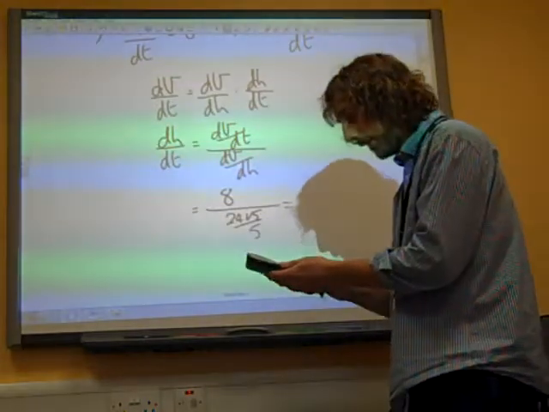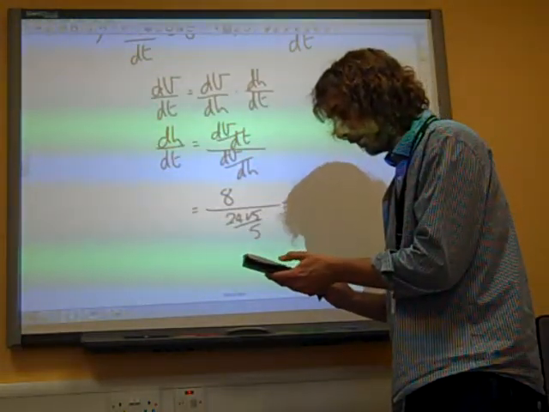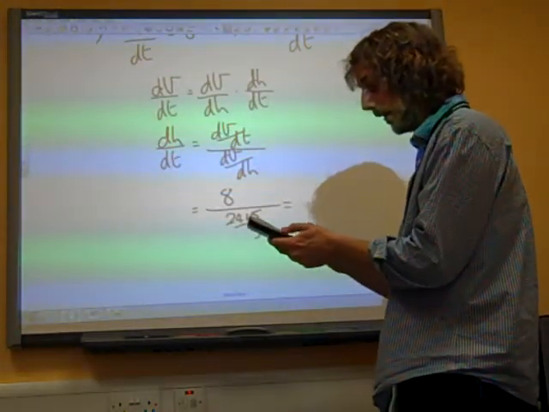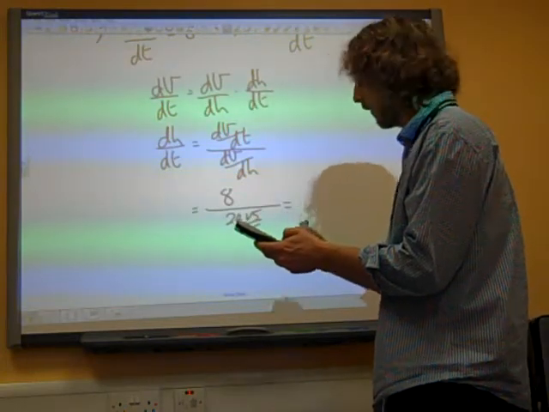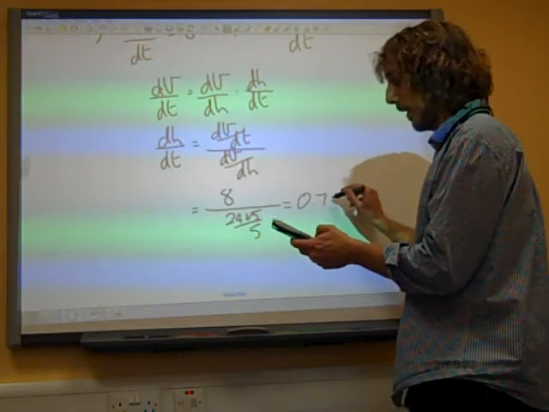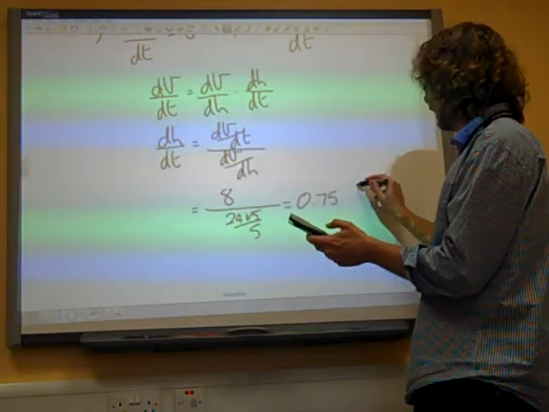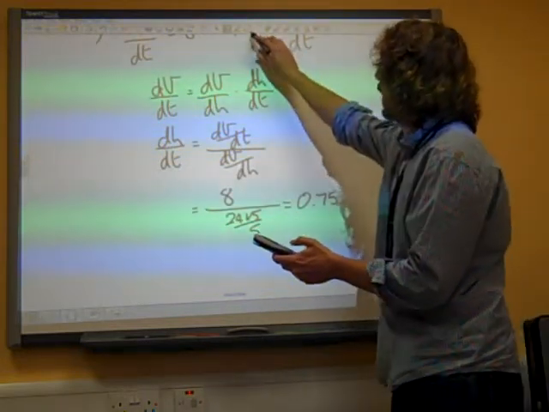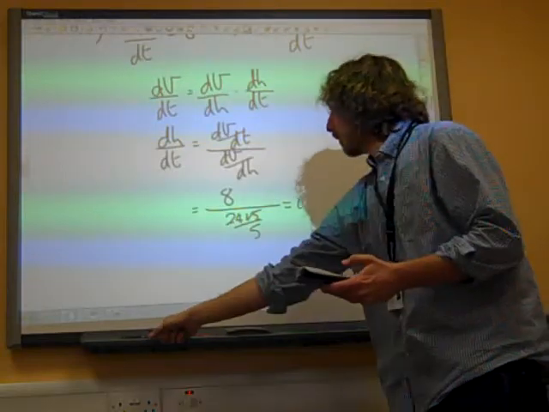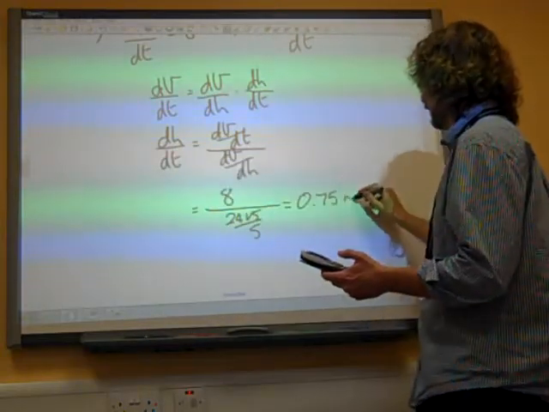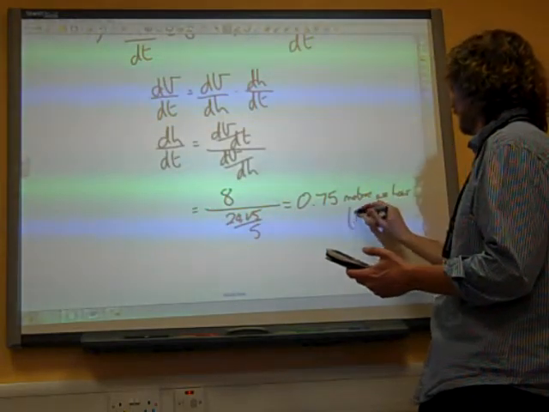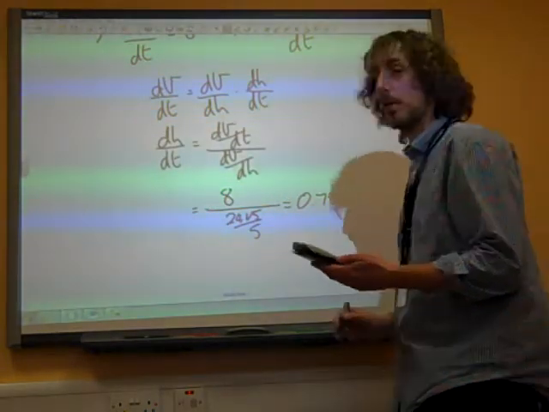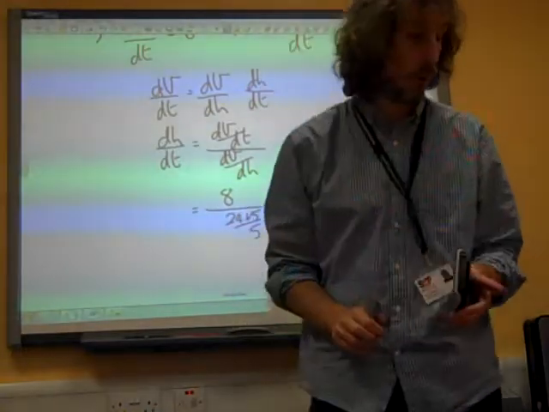So if we do 8 divided by that, it's actually root 5 over 3, but to 2 significant figures, that is 0.75, and that would be meters per hour. We've done it to 2 significant figures. Okay, that was question 1.